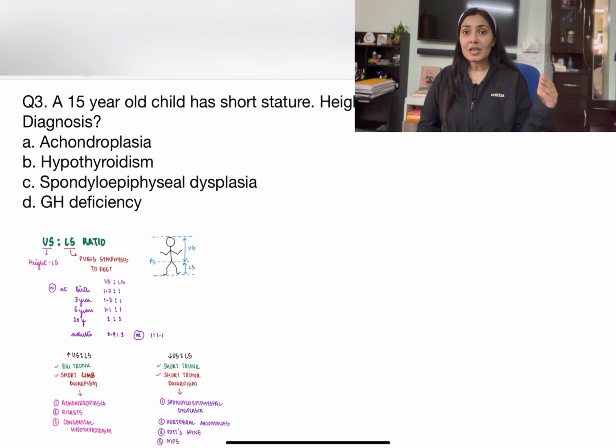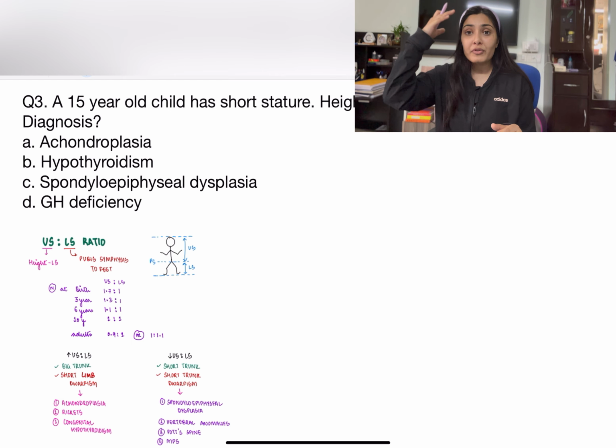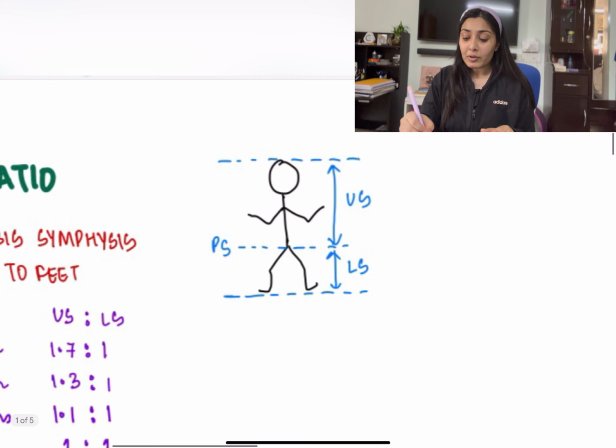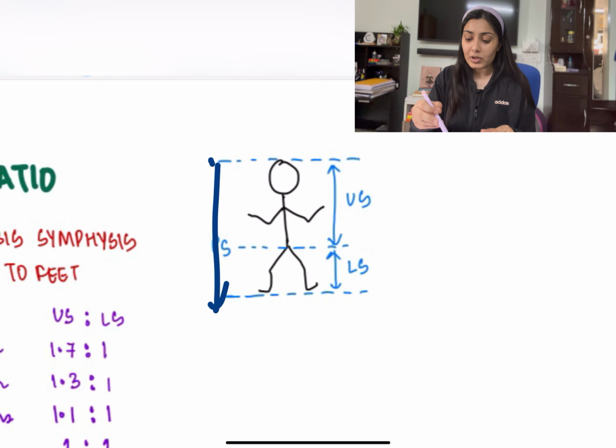So what is upper segment? Upper segment is the height from the top of the head till pubic symphysis, and my lower segment is my overall height minus this upper segment. That would be from my pubic symphysis till my foot, right?